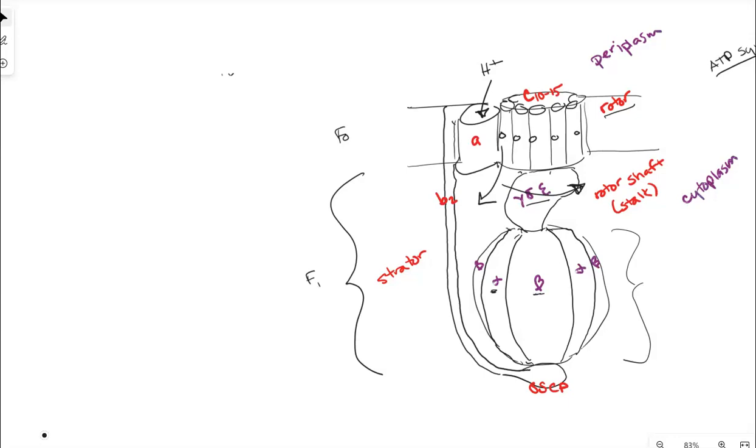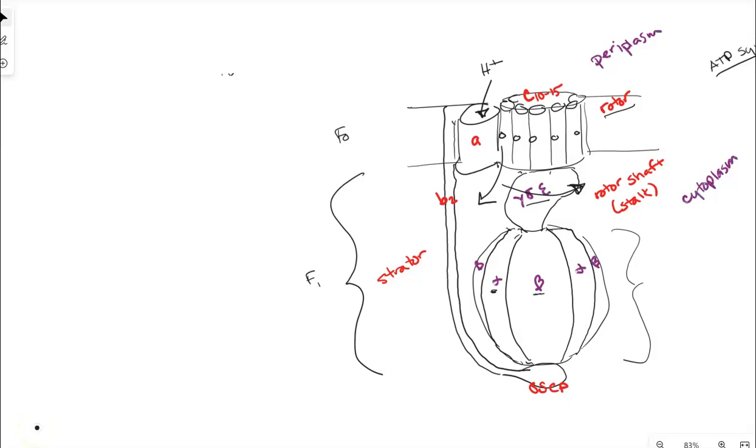The non-catalytic alpha sites have similar structures, but the 3 catalytic beta sites have 3 quite different conformations. So let's take a look at what that might look like as this rotates, as they bind ATP, ADP, and phosphate, and how this might work.